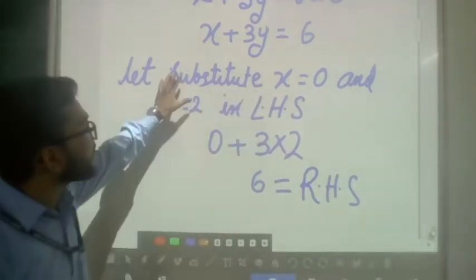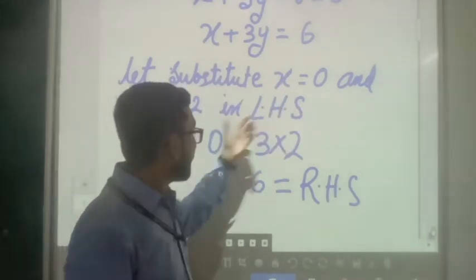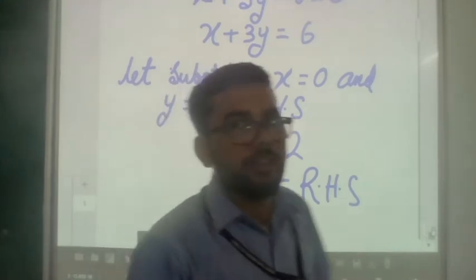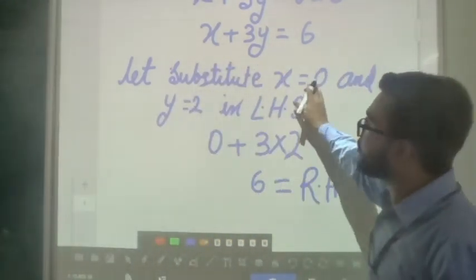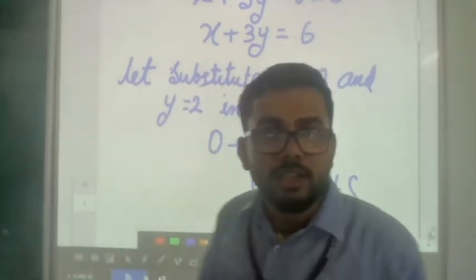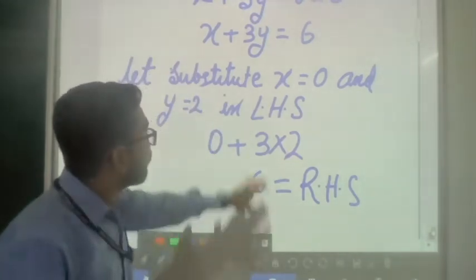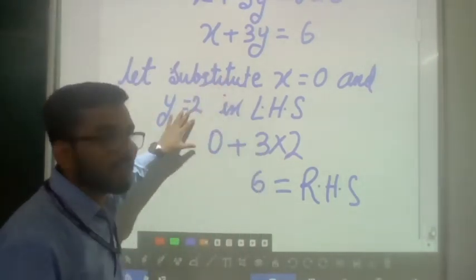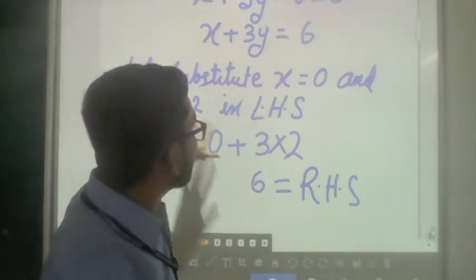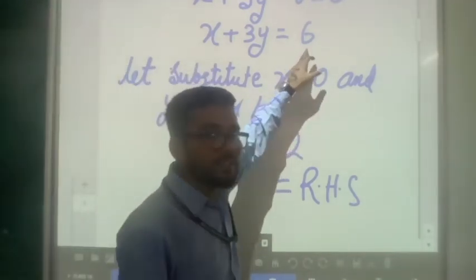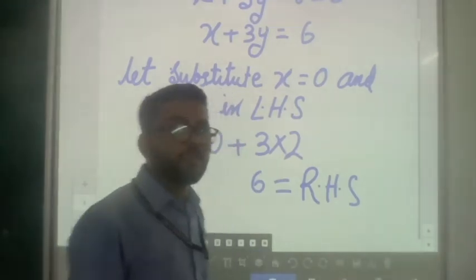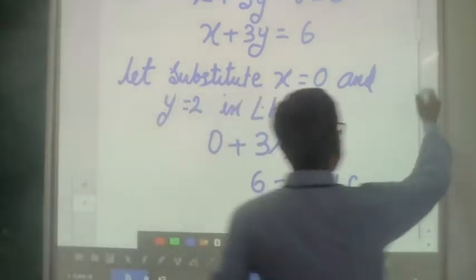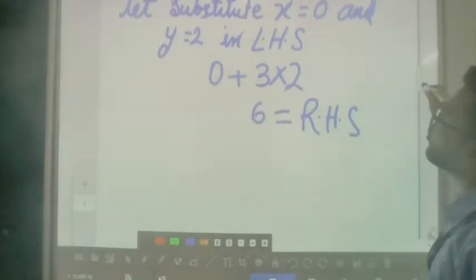If we take x is equal to 0 and y is equal to 2, the value of LHS after putting the values of x and y is equal to the RHS of the equation.